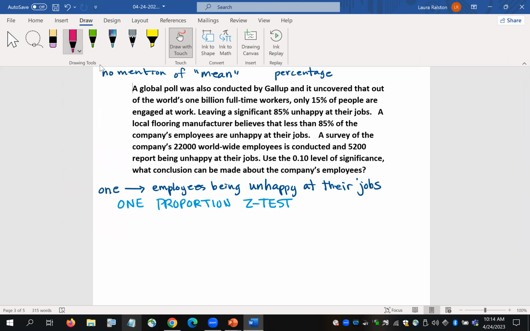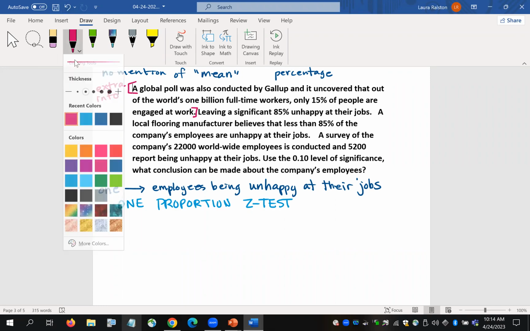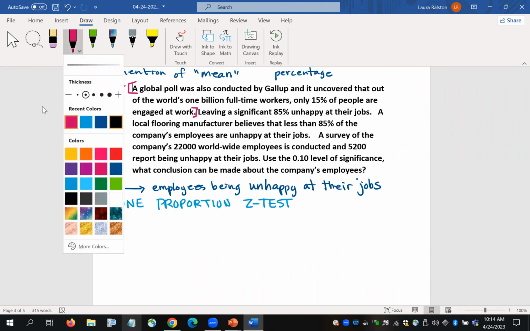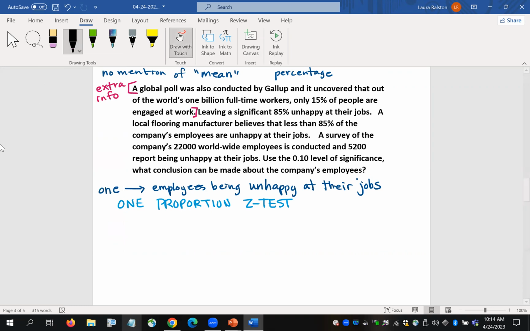So this first sentence is kind of like extra info, because then it shifts its focus to those that are unhappy. So you have to be careful when you're reading through this problem to make sure you identify stuff appropriately. So the first step in any hypothesis test is to state the hypotheses.